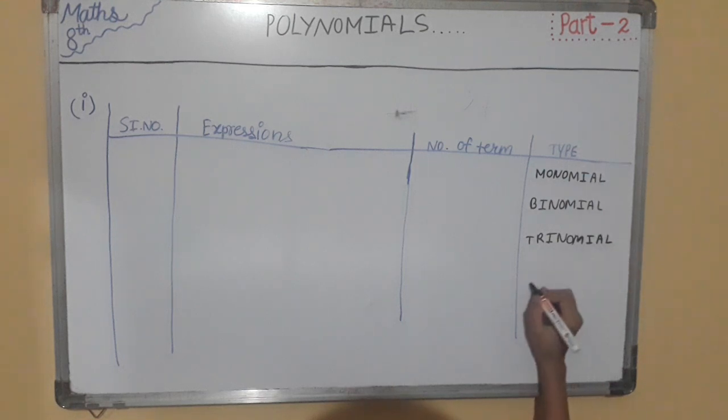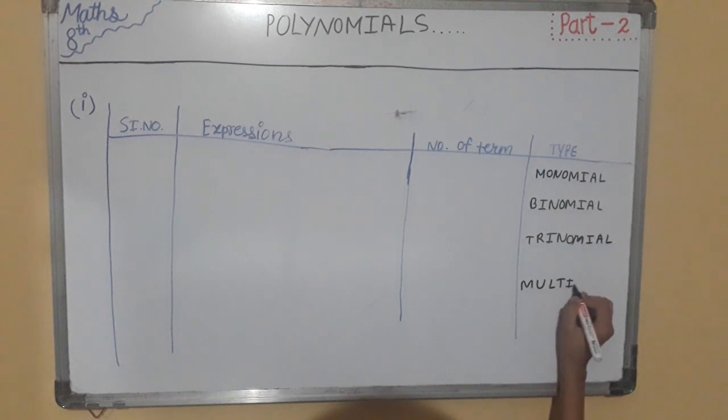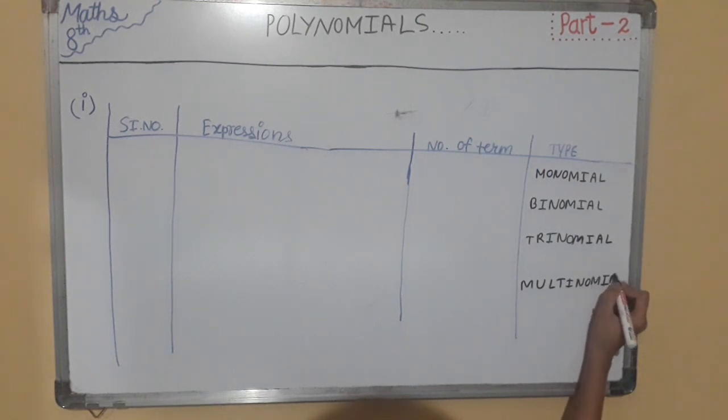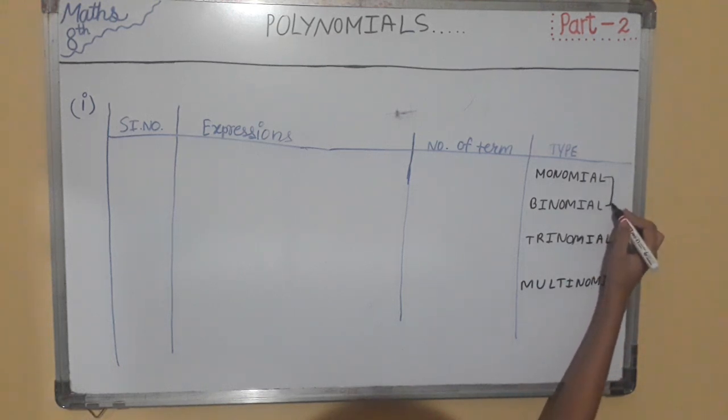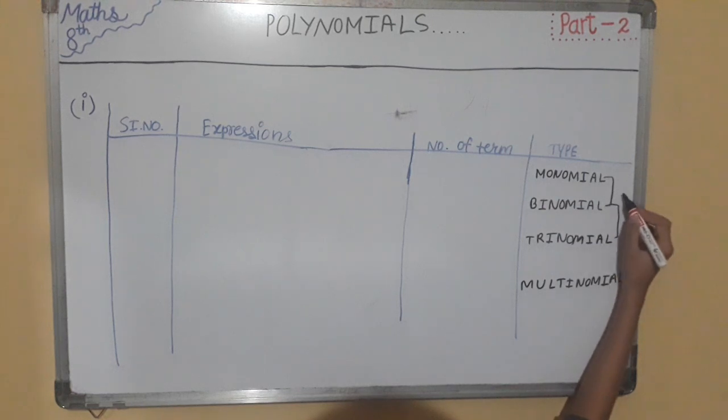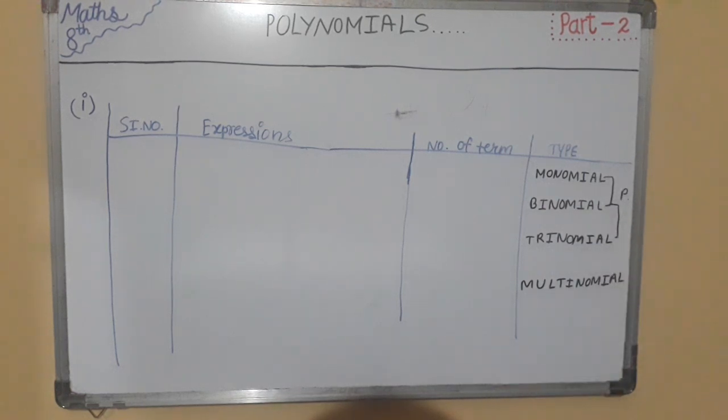Fourth is multinomial. These three, monomial, binomial and trinomial, come under polynomial.